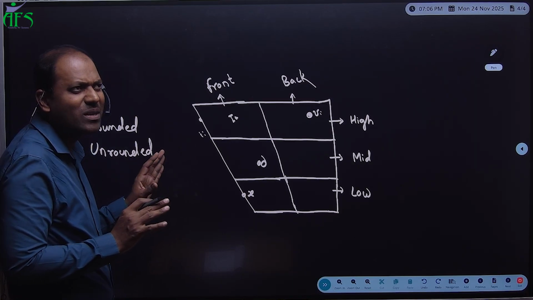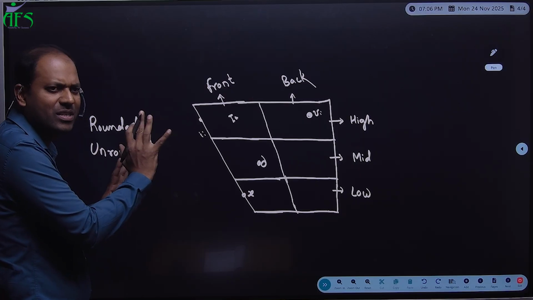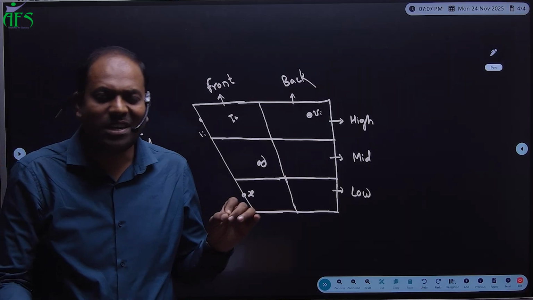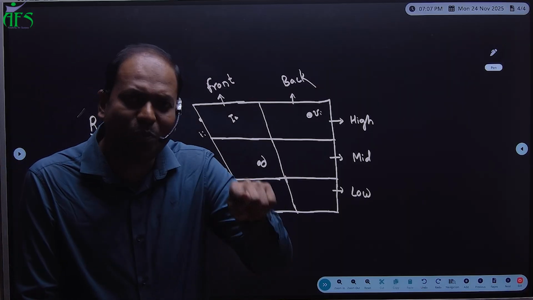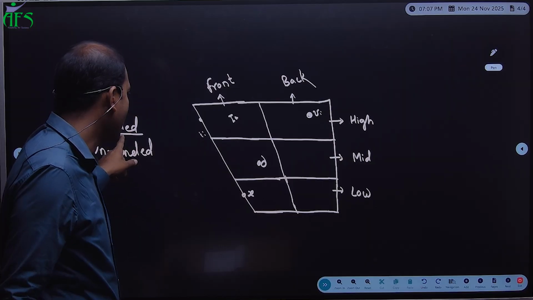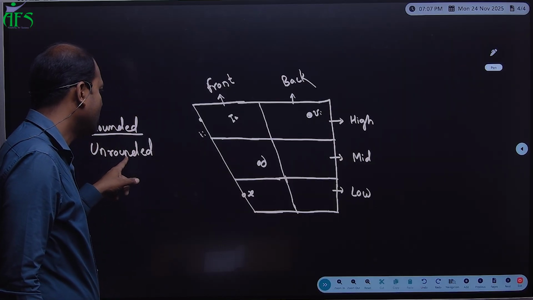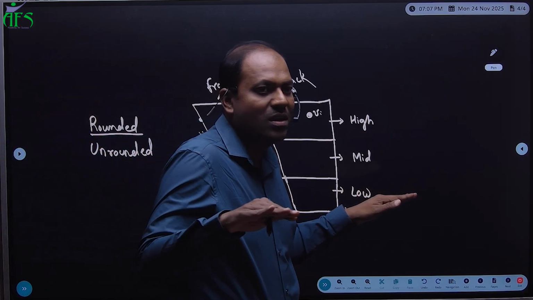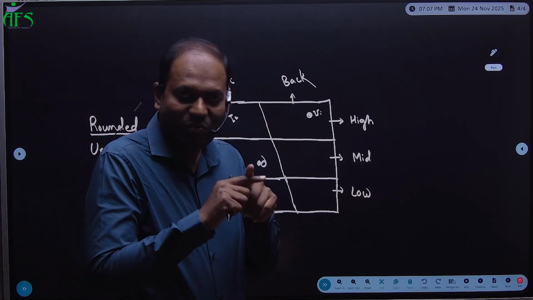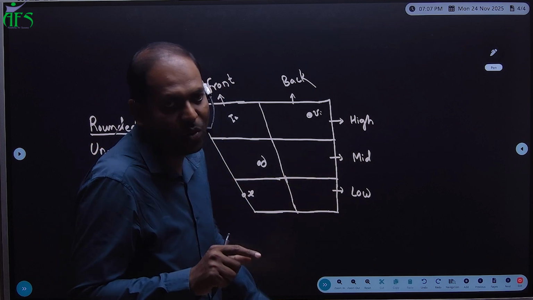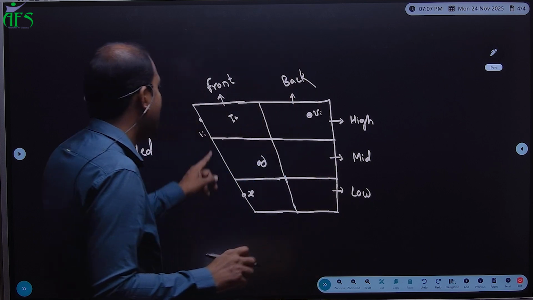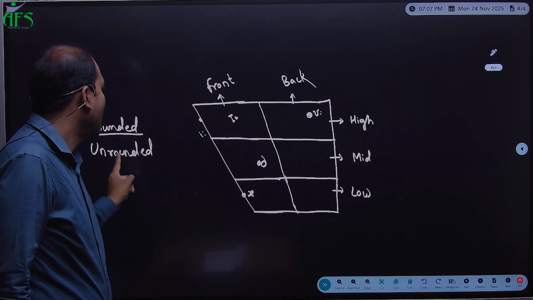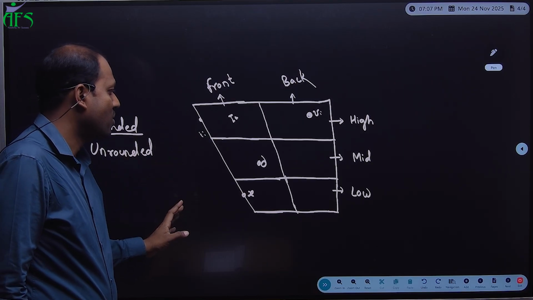Rounded means the vowels for which your lips are supposed to be in the round position. They are called rounded sounds. And for vowel sounds where your lips remain separated, like ah, there is no rounding. That's why they are called unrounded. So when you utter the sound E, E will be a front, high, unrounded vowel sound.